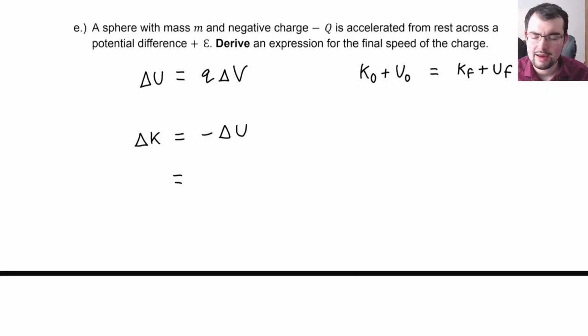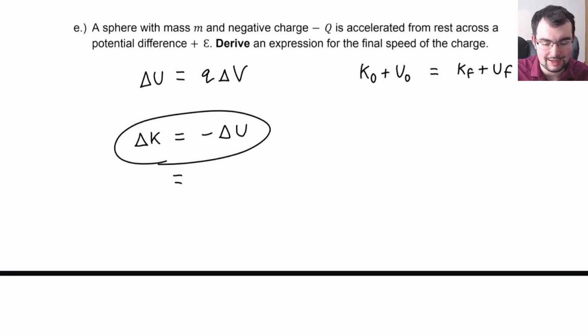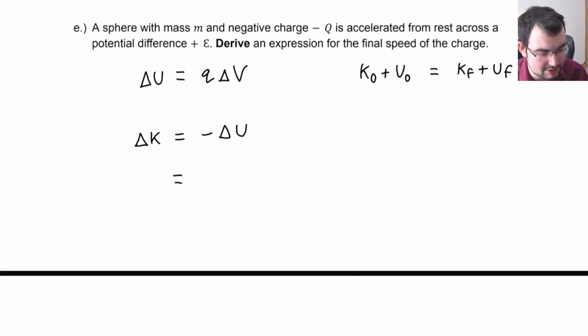So if you gained kinetic energy, you must have lost potential. So usually we say this for potential because potential is always defined in terms of the difference. So we like deltas here.